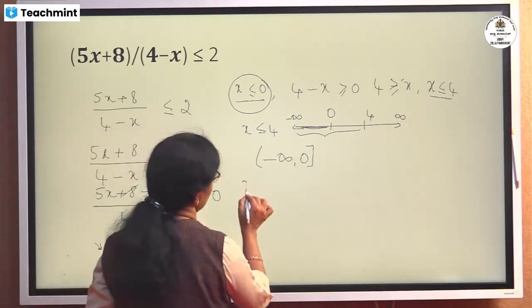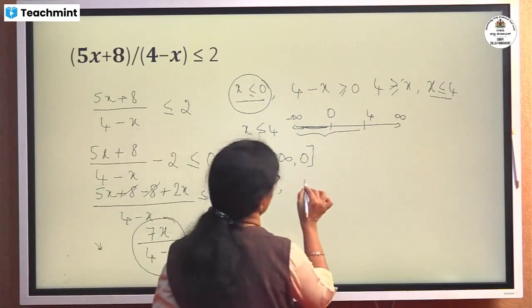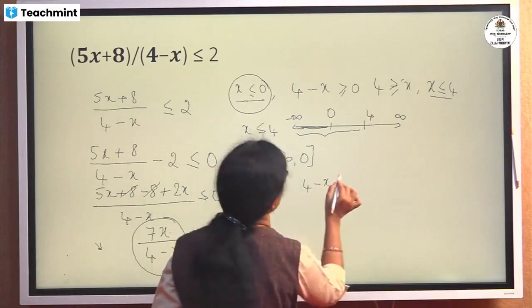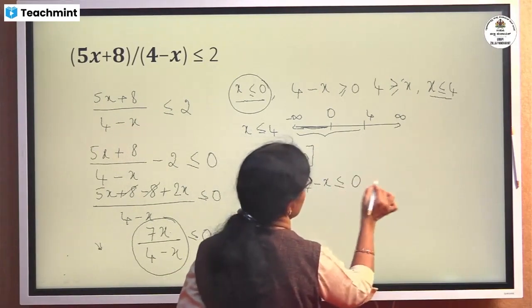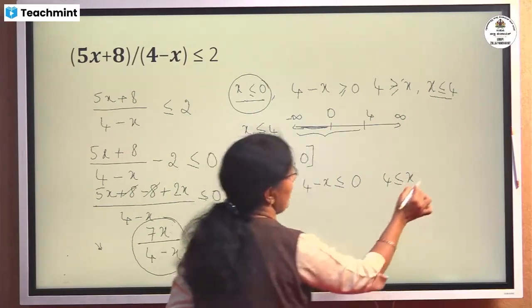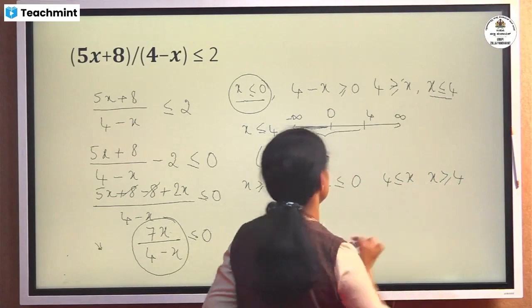So let me go for x is positive. X is greater than or equal to 0. What happens here? 4 minus x is negative, you want. Therefore, less than or equal to 0. Therefore, 4 is less than or equal to x, or x is greater than or equal to 4. That is the condition.